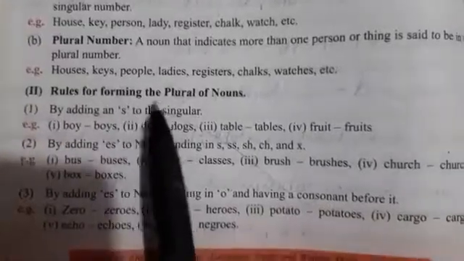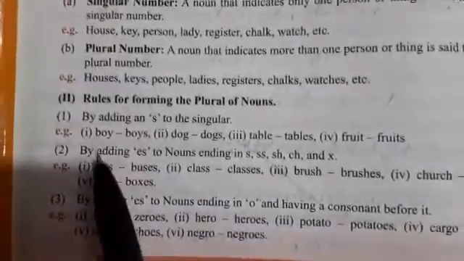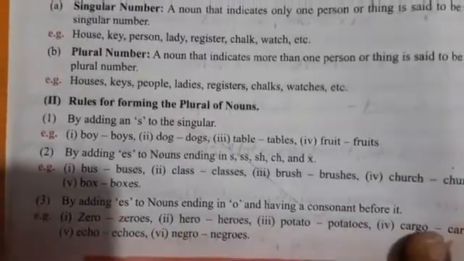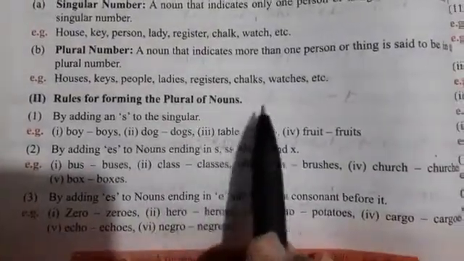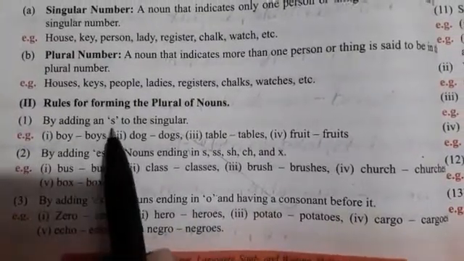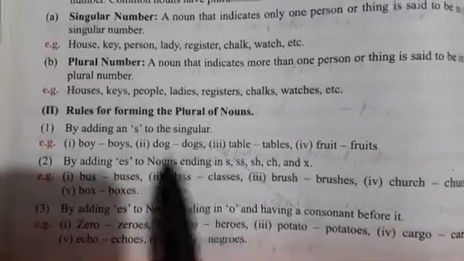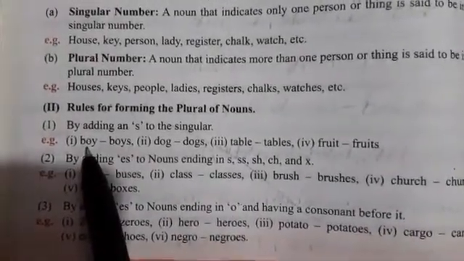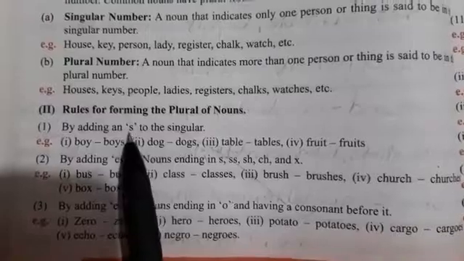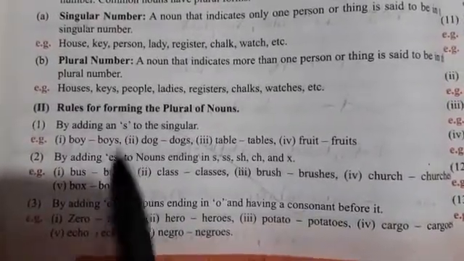Rules for forming the plural of nouns. Now we'll see rules for forming the plurals of nouns by adding an s to the singular. When we add s to a word, it will become a plural number.